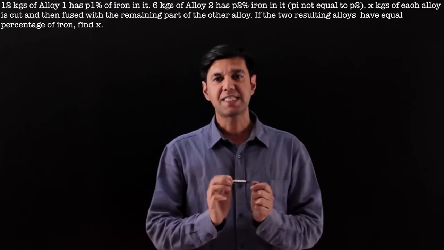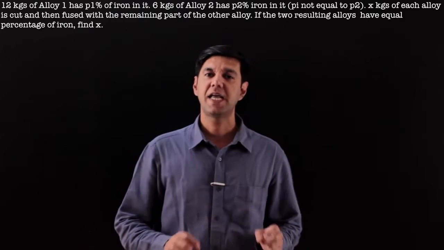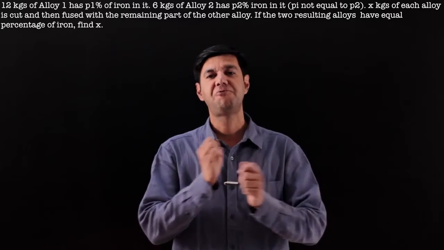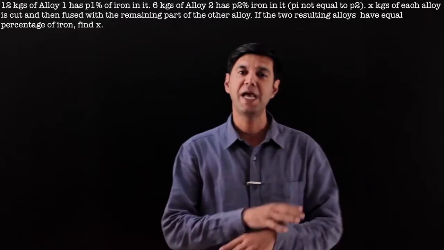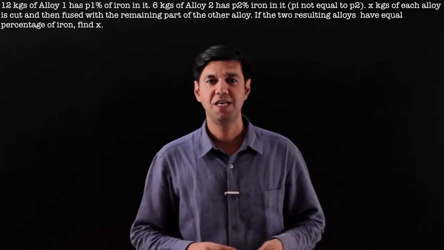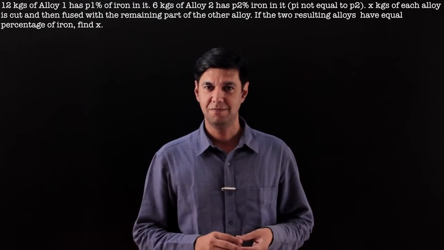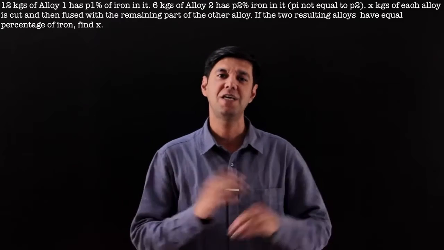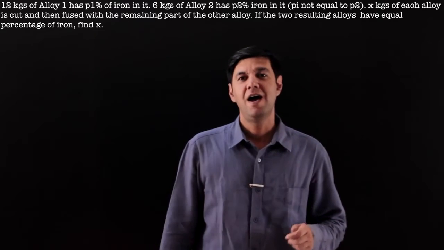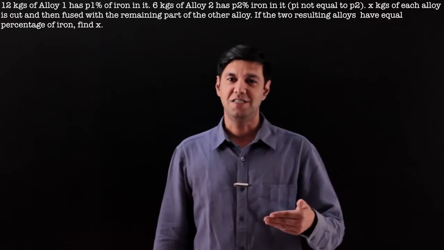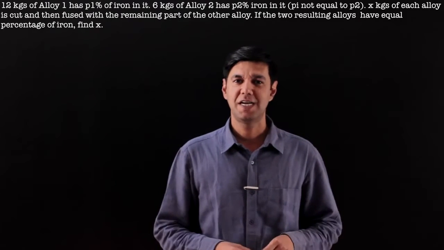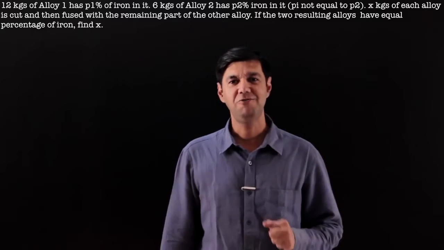Now, X kgs are taken from each of the alloys and are fused together with the remaining part of the other alloy. Right? So there's an interchange. The resulting alloys, let's say alloy 3 and 4, have equal percentage of iron. Find the value of X.